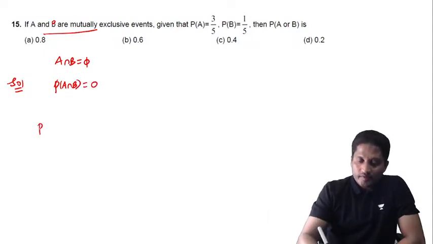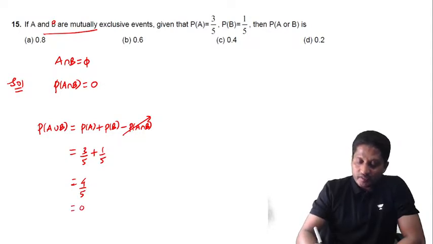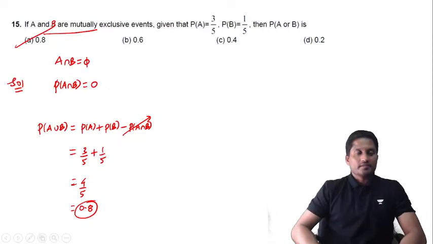Now I am supposed to find P of A or B. A or B means A union B. This is equal to P of A plus P of B minus P of A intersection B. Since they are mutually exclusive, this is a null set, so it is 0. P of A is 3 by 5, P of B is 1 by 5. 3 by 5 plus 1 by 5 is 4 by 5. 4 by 5 is 8 by 10, which is 0.8. Answer is option A.